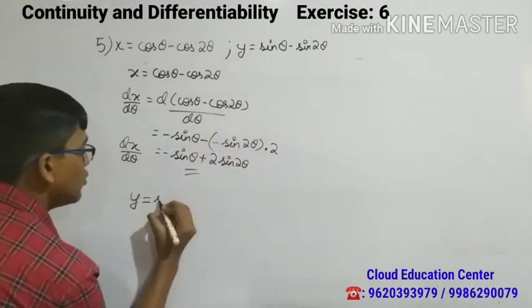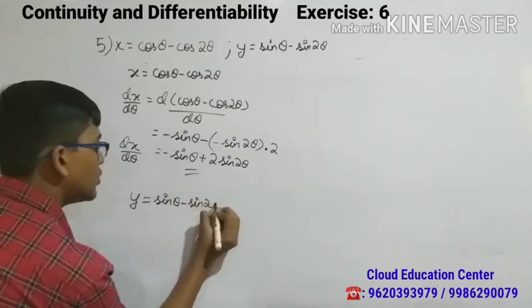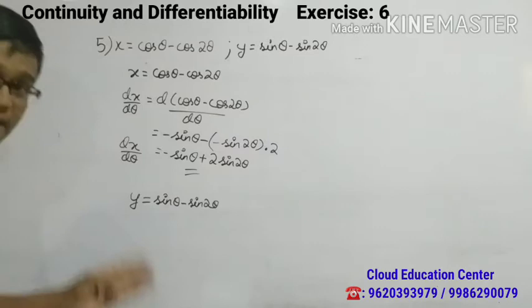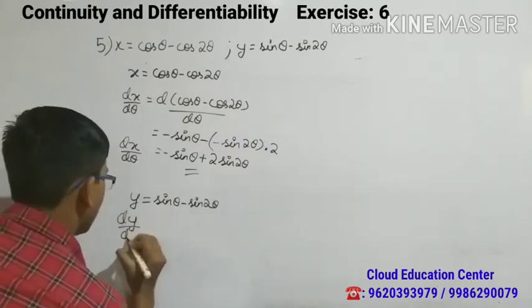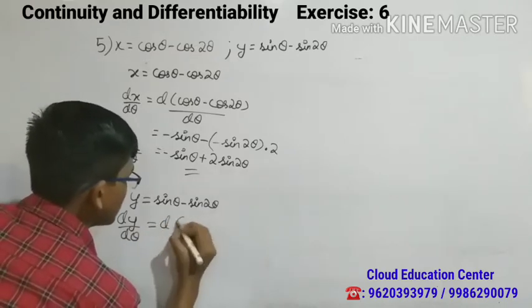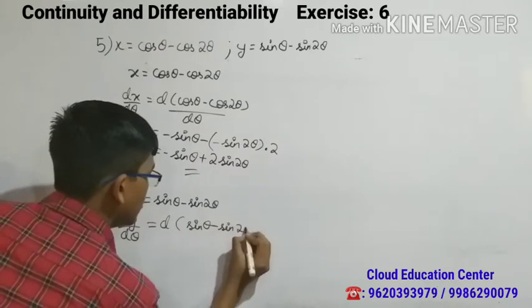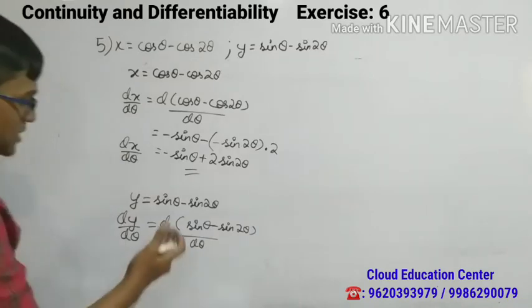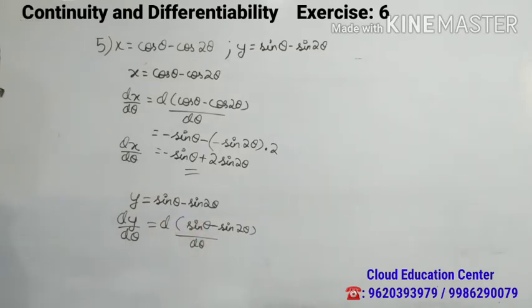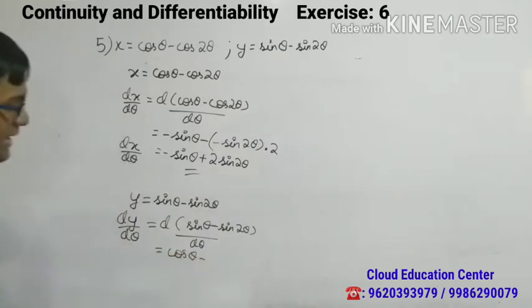y is equal to sin theta minus sin 2 theta. So let's again differentiate with respect to theta. dy by d theta is equal to differentiation of sin theta minus sin 2 theta whole divided by d theta. Okay, so what is differentiation of sin theta? It's nothing but cos theta. It is equal to cos theta minus, what is differentiation of sin 2 theta?